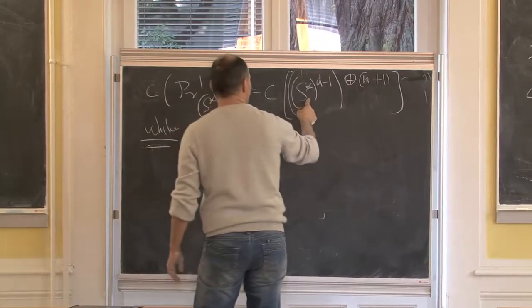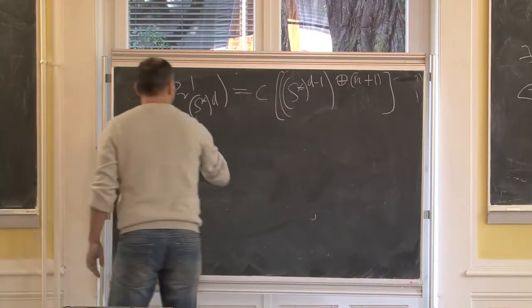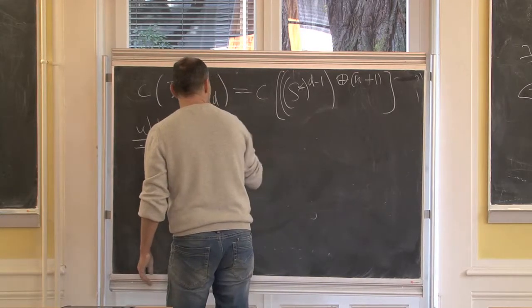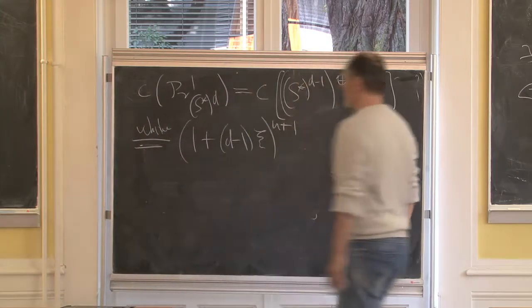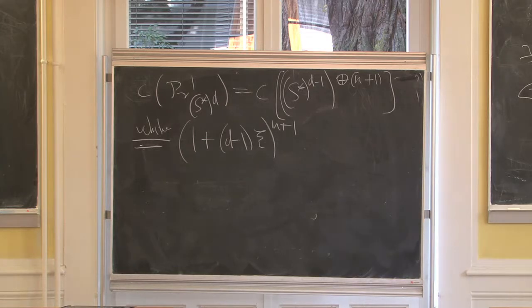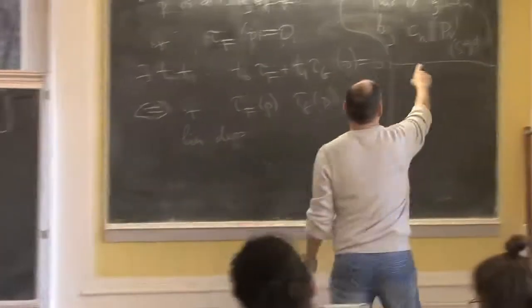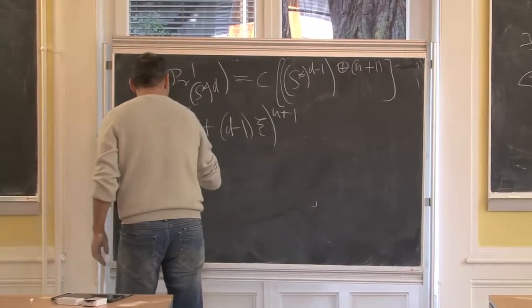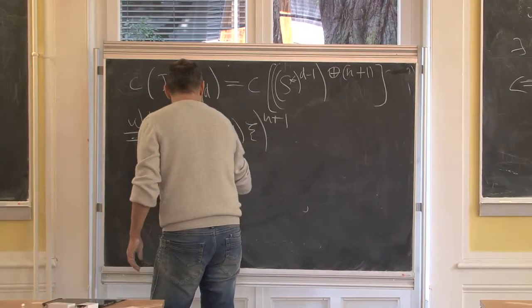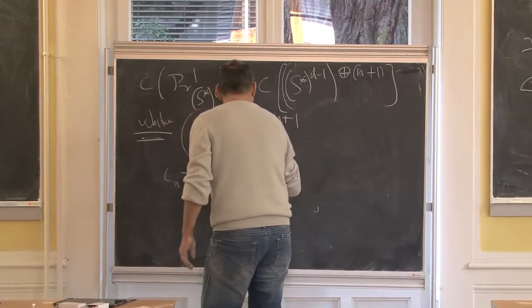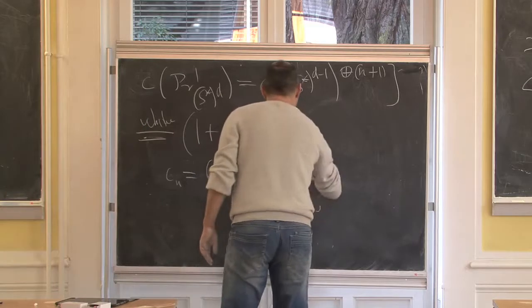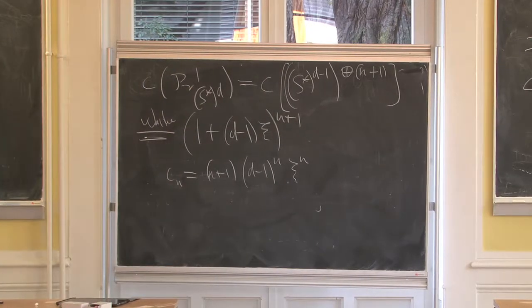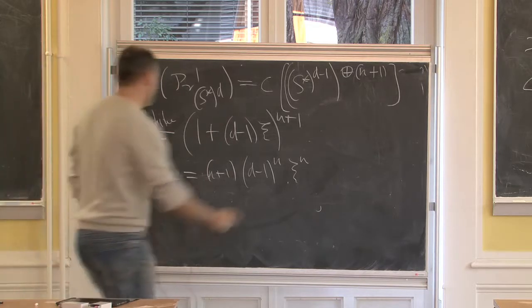The total Chern class of S star is just 1 plus (d minus 1) times psi. And now you raise this to the n plus first power. Now you need to take, again, Cn of this, which means the degree n component. So Cn of this is just equal to (n plus 1) times (d minus 1) to the power n, psi to the n. And that's precisely the form we had before. Oh, sorry, and d, yeah, this is correct.